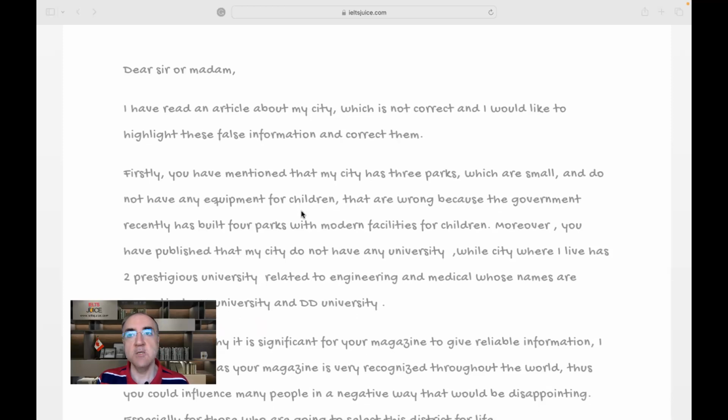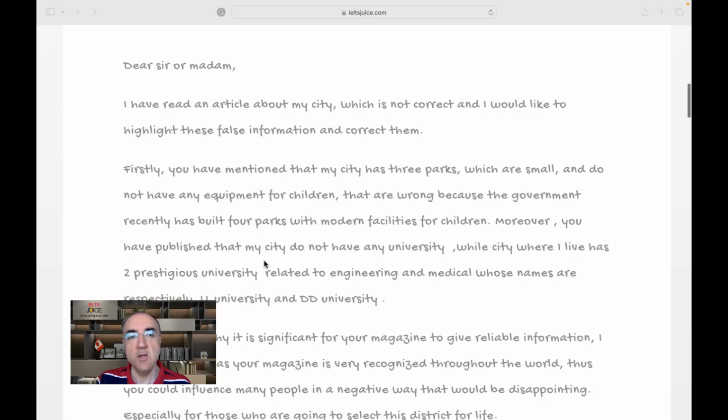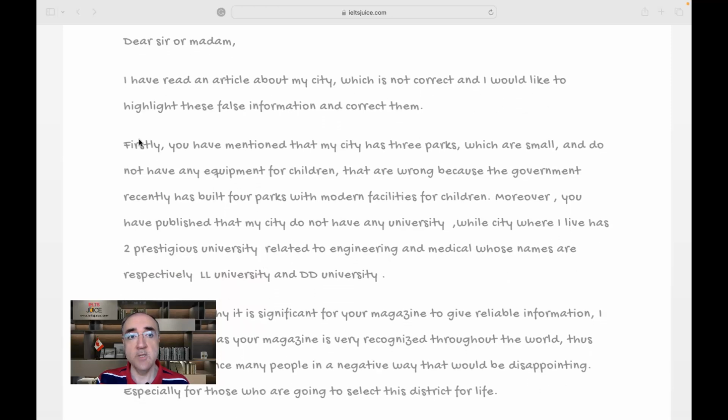The introduction is also a very good opening here. I like that. Firstly, another word that I really like. You have mentioned that my city has 3 parks, which are small and do not have any equipment for children. You see, I like this. The writer knows equipment is an uncountable noun, so you can see it is used very correctly here.